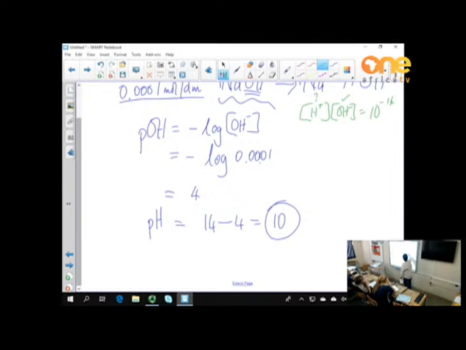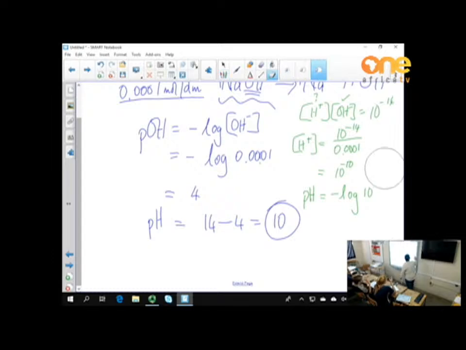My equation is going to be, my hydrogen ion concentration is going to equal 10 to the power minus 14 divided by my hydroxide ion concentration, which is 10 to the power minus 4, so it's going to be 10 to the power minus 10. Okay, so what is pH? Minus the log of 10 to the power minus 10, which is equal to 10.